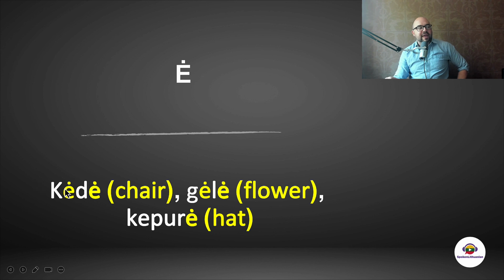The first e kind of assimilates, and it almost becomes like a simple e, but it's kėdė, gėlė, right? When we're talking fast, you sometimes may hear the difference between this one and that one, because at the ending we pronounce it more.